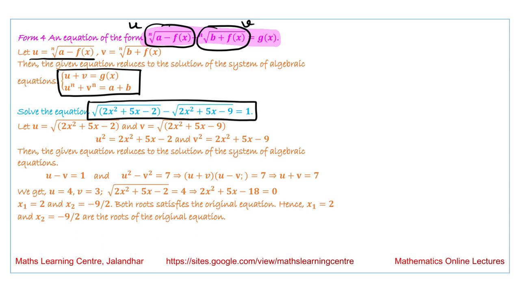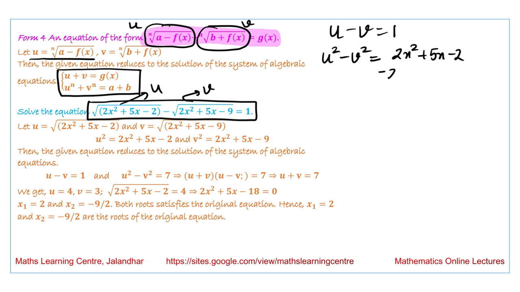So if we substitute this first term as u and this second term as v, the equations we now have are u minus v is equal to 1 and u square minus v square is equal to, we will have the values over here, u square is 2x square plus 5x minus 2, minus v square means minus 2x square minus 5x plus 9.